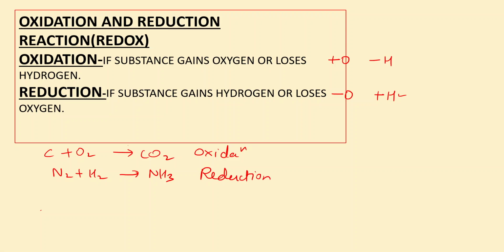Now we will take up the reactions which show both oxidation and reduction. For example, CuO plus H2 gives you Cu plus H2O. This is copper oxide, which reacts with hydrogen to form copper and water. So here you can see where oxidation is happening and where reduction is happening.